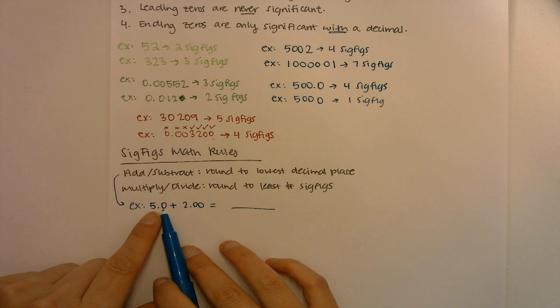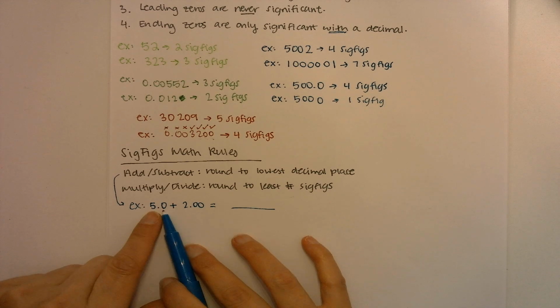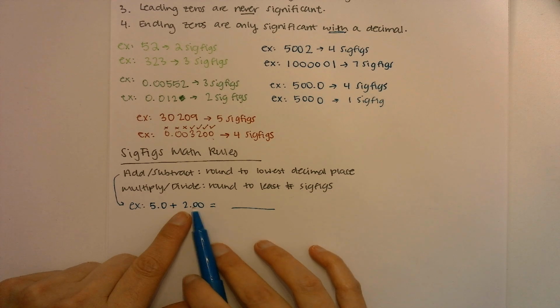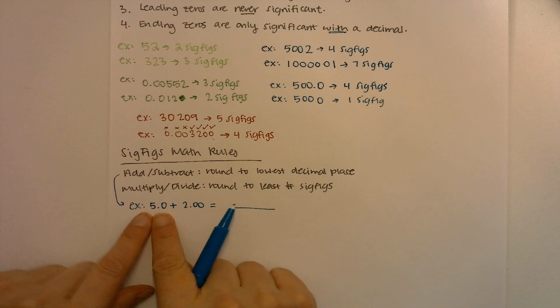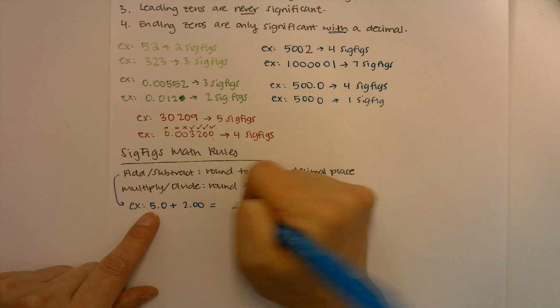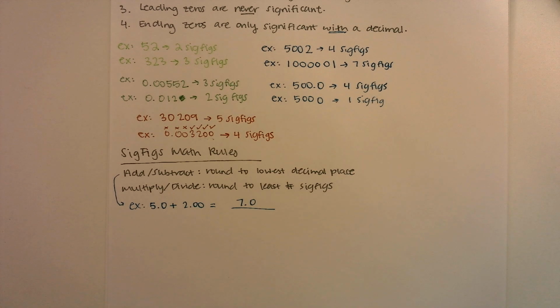The 5.0 is in its tenths place, so one decimal place, and the 2.00 is in the hundredths place, so two decimal places. So this is the lowest decimal place, and I would want to put 7 in one decimal place, or the tenths place. That is the correct way to round.